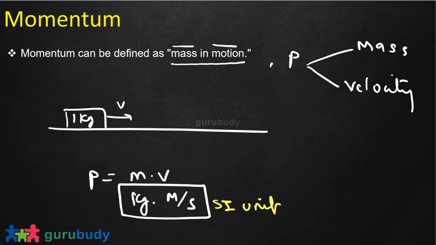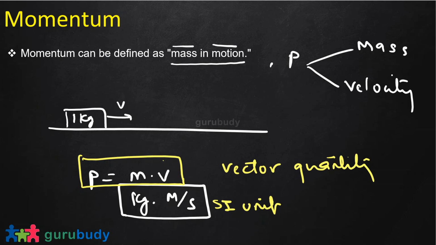The last thing I want to let you know is that momentum is a vector quantity, because it is derived from velocity. If you look at the expression, momentum is mass into velocity. Since velocity is a vector, momentum is a vector quantity.